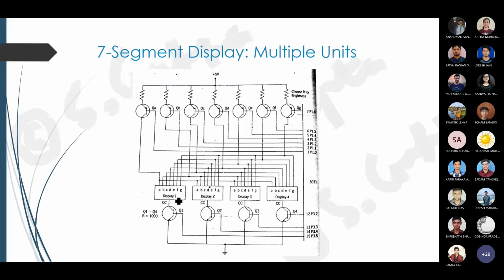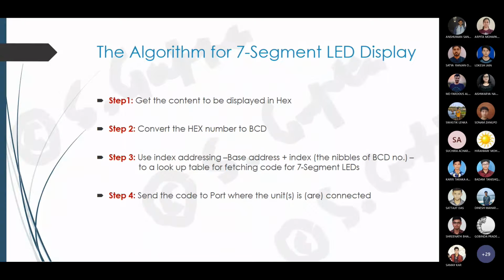As usual, to display in hex, we need to convert that hex number into BCD. Here we have found that DAA is there, but be careful this time that a single DAA will not convert a hex number into BCD. It will only adjust an individual number, adding 6, depending upon the conditions of the digits.